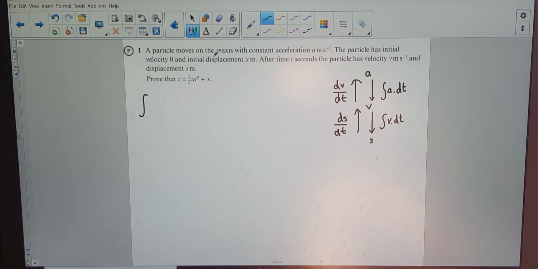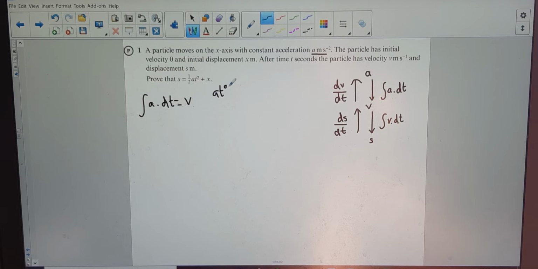The particle moves on the x-axis with constant acceleration a. It's just telling us it's the x-axis, so I don't need to worry about it going up or down or anything like an incline. So if I integrate with respect to time, that's going to give me the velocity. Yeah? So if I integrate a, that's essentially at to the power of 0, because anything to the power of 0 is 1.